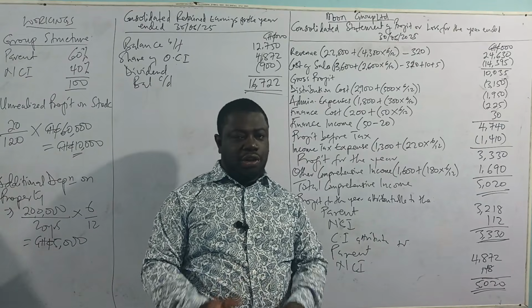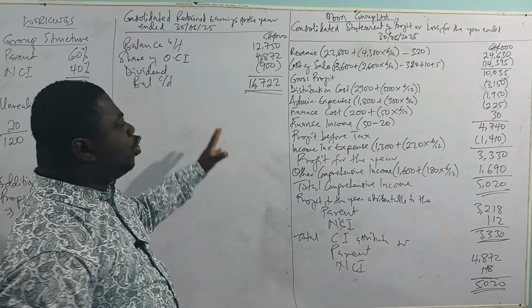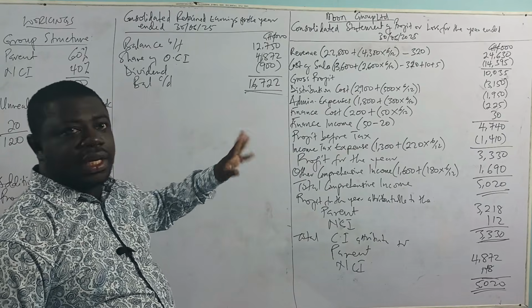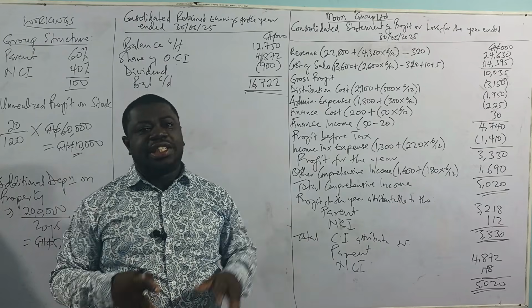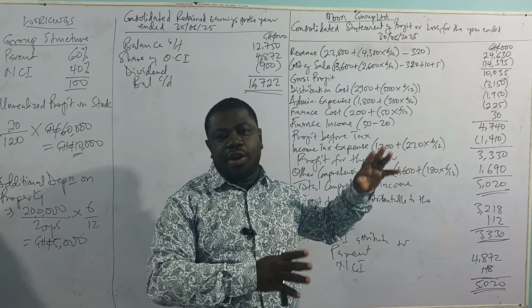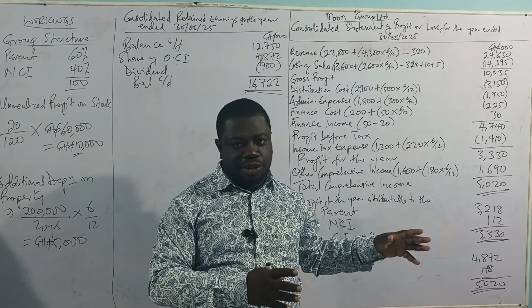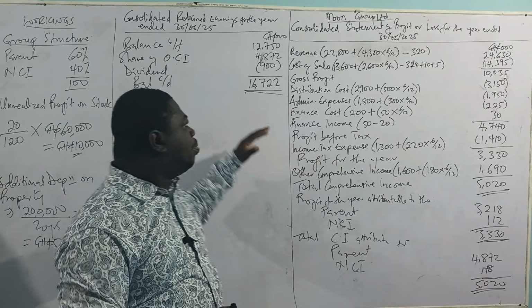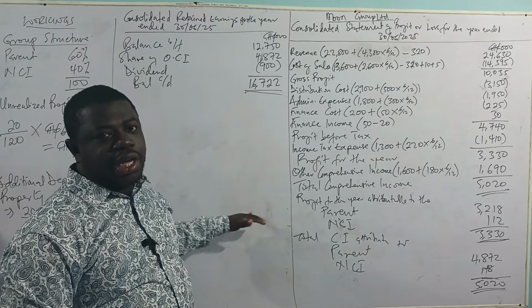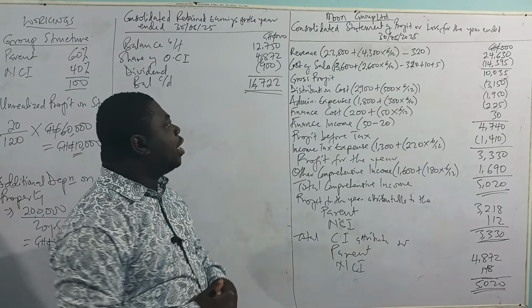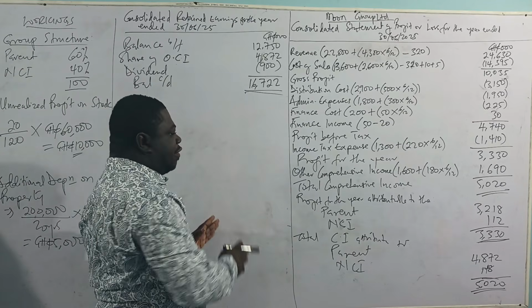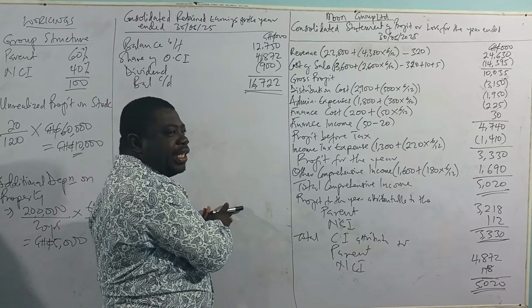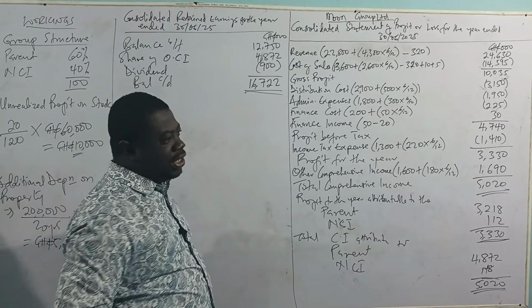Now, I can prove that to you right now by showing you the movement. It is usually the group reserve plus their share of the movement in the subsidiaries reserve. And so I can prove this figure to you in a different way using the reserve approach by showing you the parent company's reserve plus their share of the movement in the subsidiaries reserve.